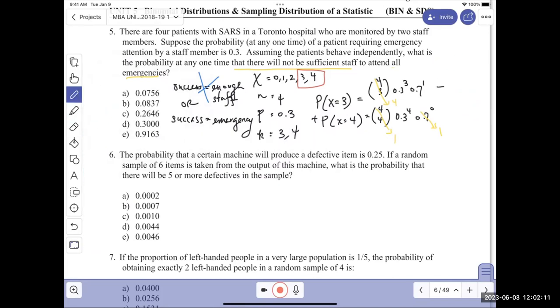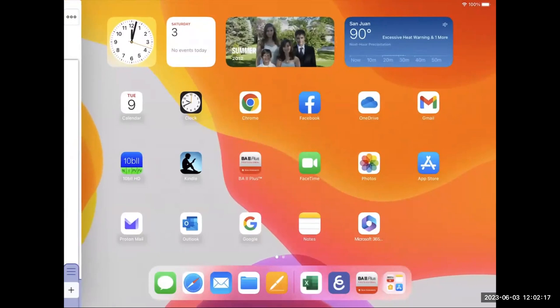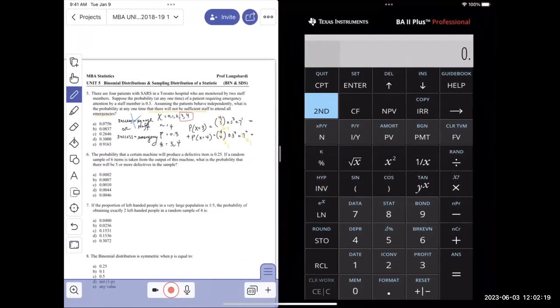And then I put this into my calculator and I store it. So 4 times 0.3 to the 3 times 0.7 equals 0.0756.